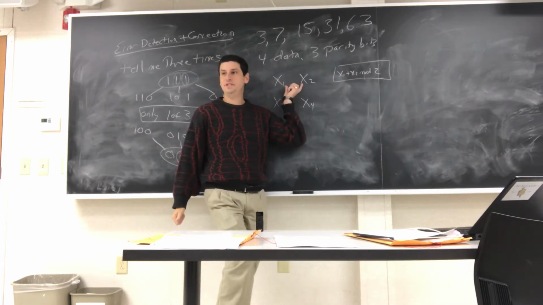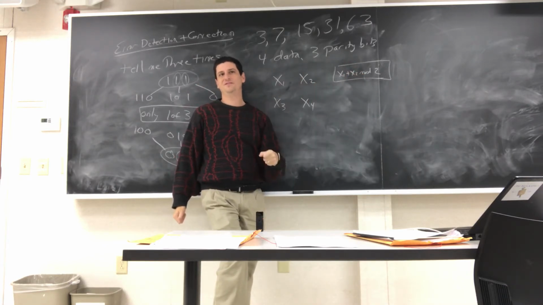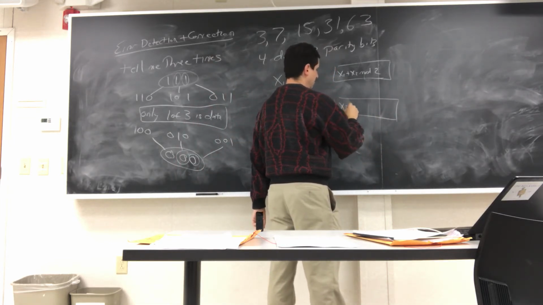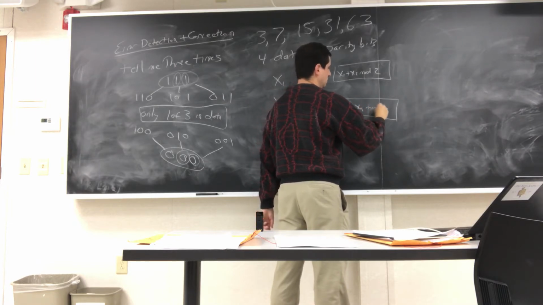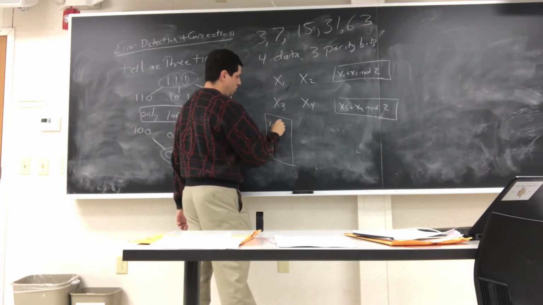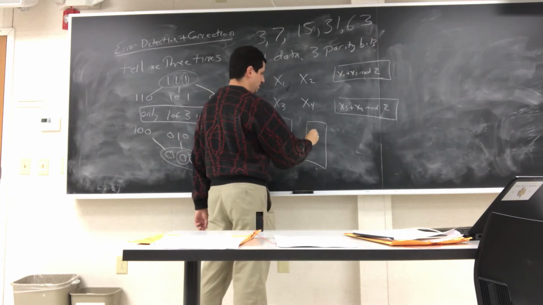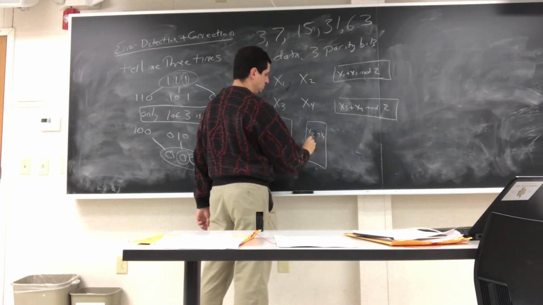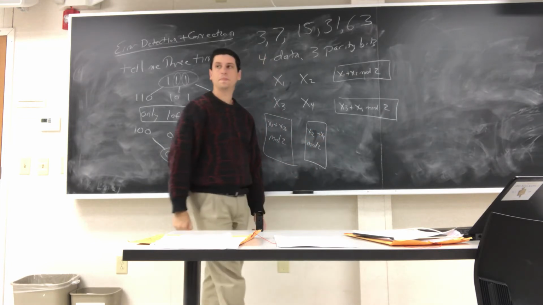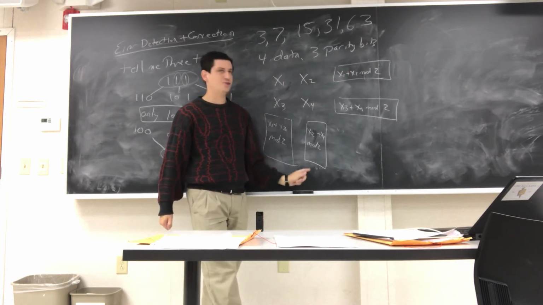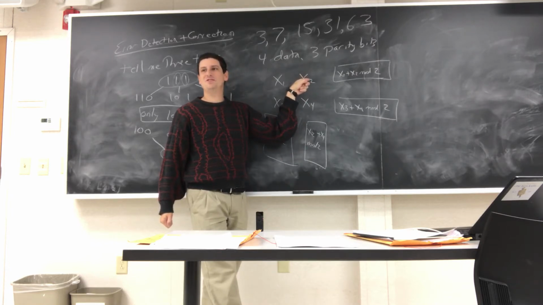So if the sum is even, I have a 0. If the sum is odd, I have a 1. This should be x3 plus x4 mod 2. This is x1 plus x3 mod 2, and then x2 plus x4 mod 2. So now, if there's a mistake in this row and a mistake in this column, it will uniquely specify where the error is.